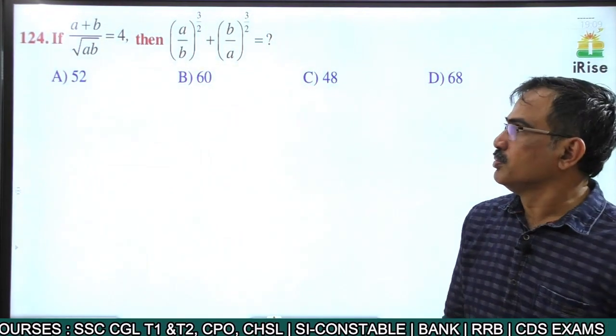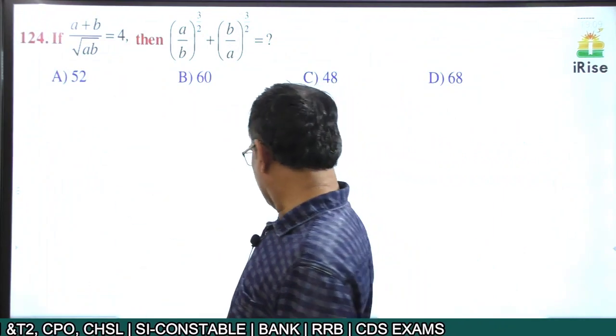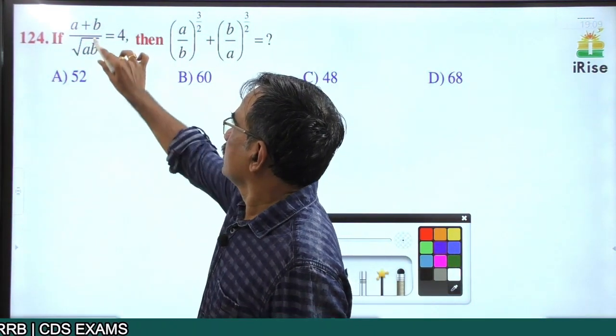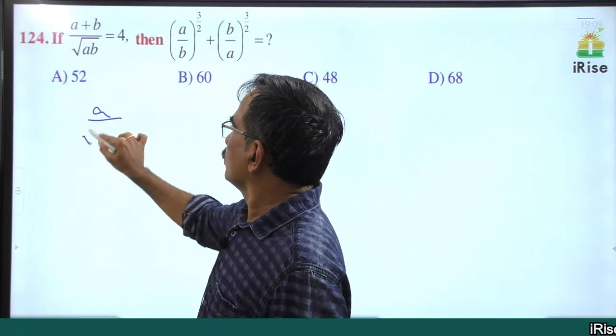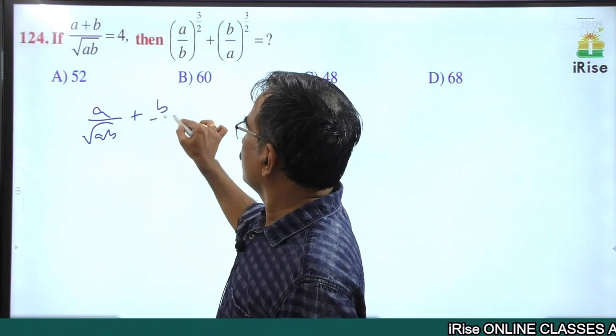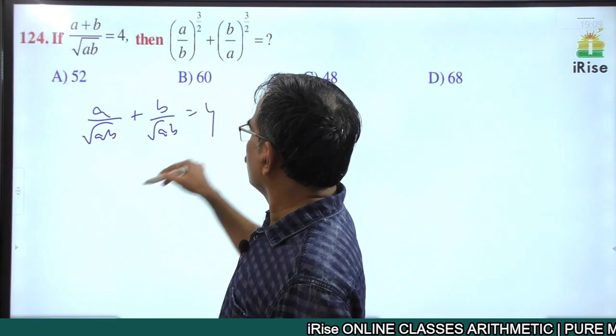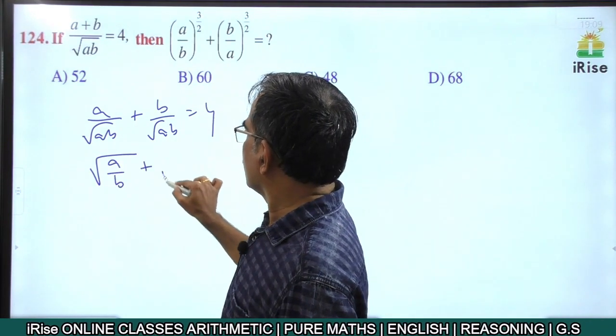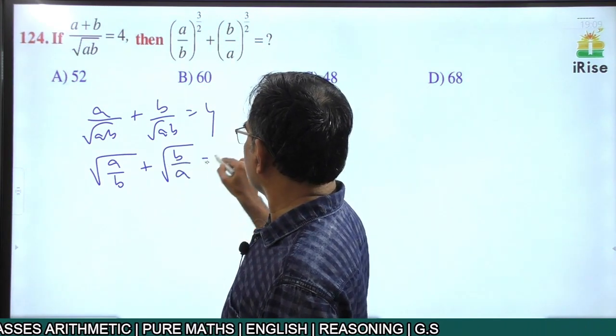(a + b)/√(ab) = 4. This can be written as a/√(ab) + b/√(ab) = 4. This is nothing but √(a/b) + √(b/a) = 4.